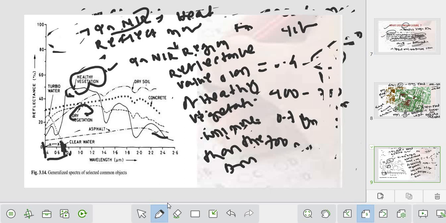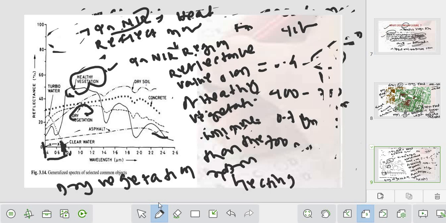If you look in the visible portion, dry vegetation is reflecting more than healthy vegetation. See, in this particular part, this is the healthy vegetation part and this is the dry vegetation. So dry vegetation reflects more than the healthy vegetation.